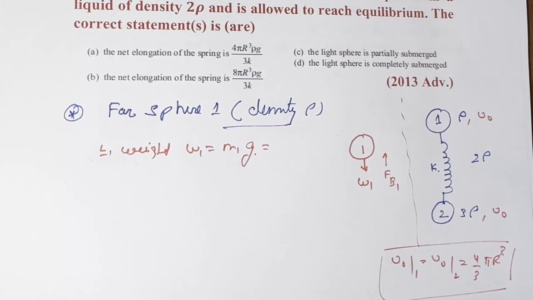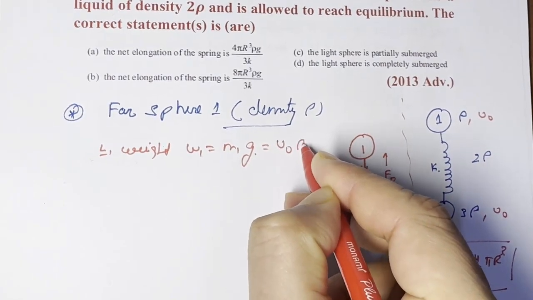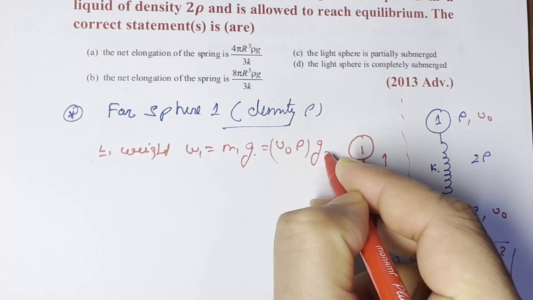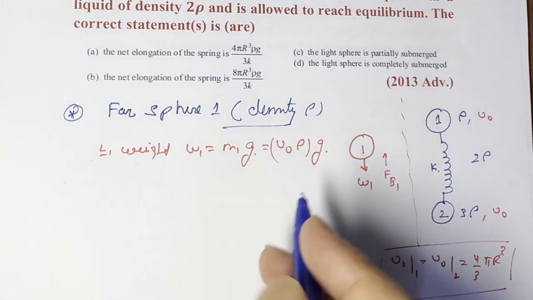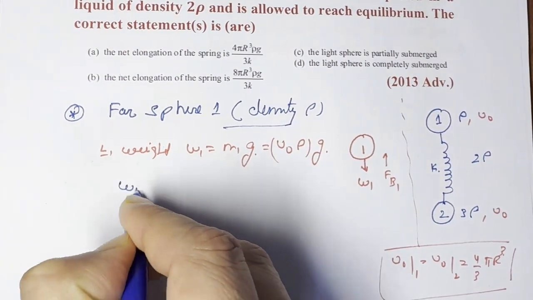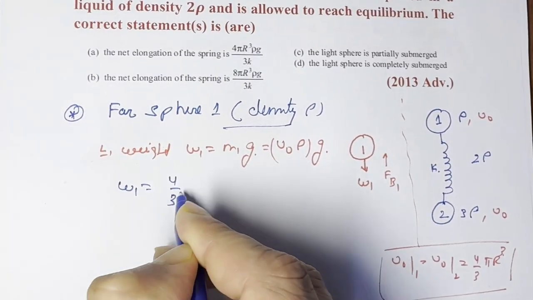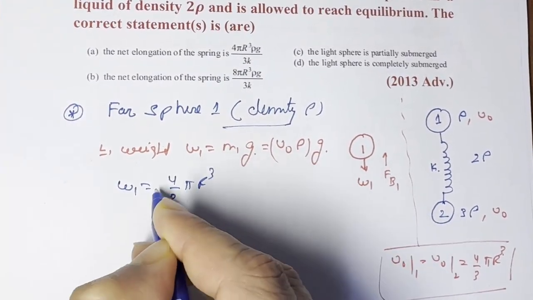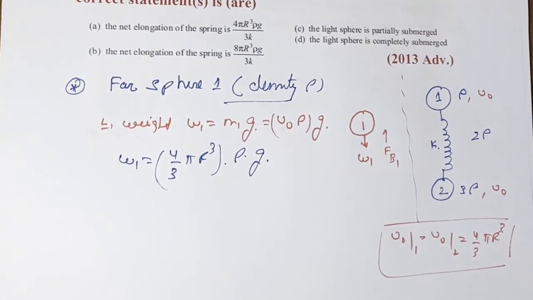So W1 will be equal to V0 multiplied by rho and by g, and substituting the value of V0, we get W1 equal to 4 by 3 pi r cube rho g.